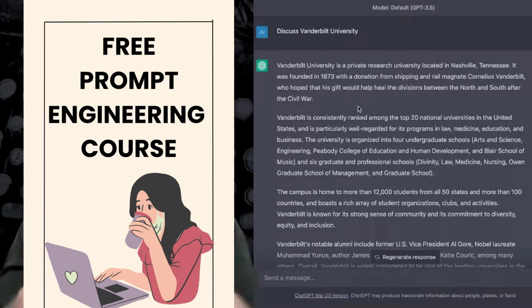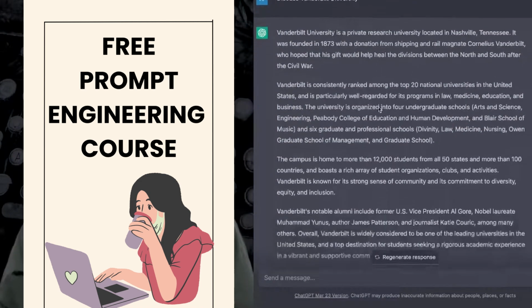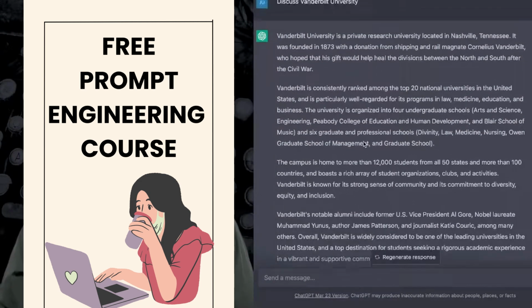If your words are very generic and high level, then you're more likely to get an output that is also generic and high level. In this example, I say "discuss Vanderbilt University," and I get a very generic response: it's a private research university located in Nashville, Tennessee, founded in 1873 by Cornelius Vanderbilt, ranking, other things.